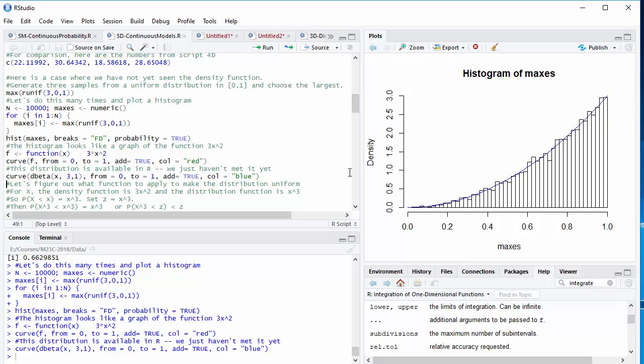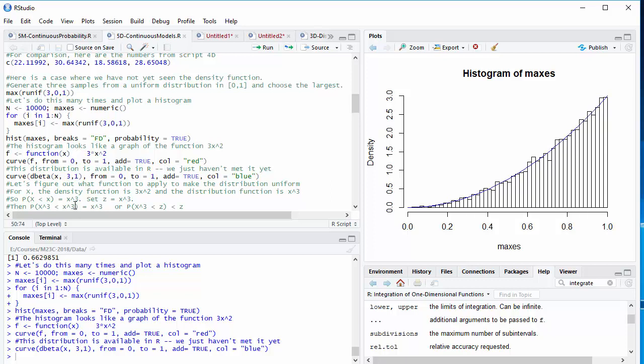Now, let's figure out what function will make the distribution uniform. We know the density function, it's 3x squared. The distribution function is therefore x cubed. In other words, the probability that the random variable x is less than some value little x is x cubed. Let's give x cubed a new name. Let's call it z.